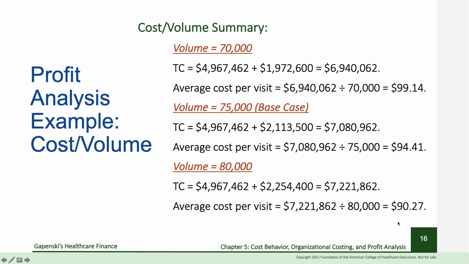Your cost per patient is less if you have a higher volume of patients. This is the same thing as we see in the wholesale market. You go to Costco, you buy a bunch of paper towels, and you see that the cost of each paper towel is much less than if you had bought it at Walmart, for example, because they are doing it in wholesale. They are making profit on volume.